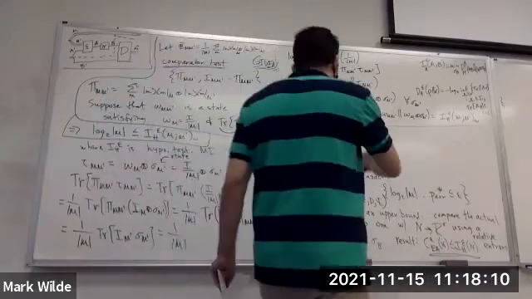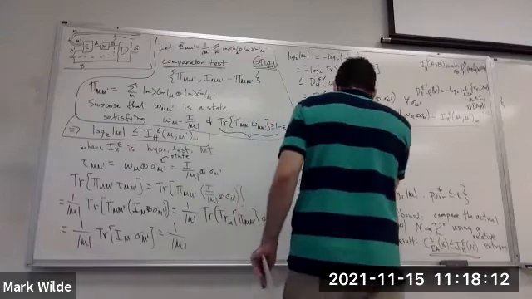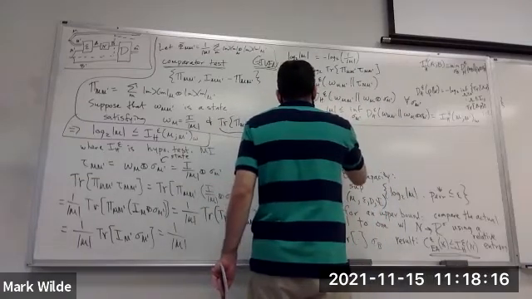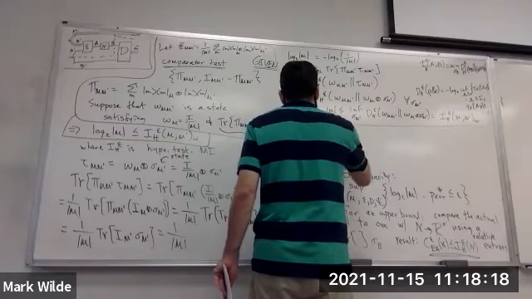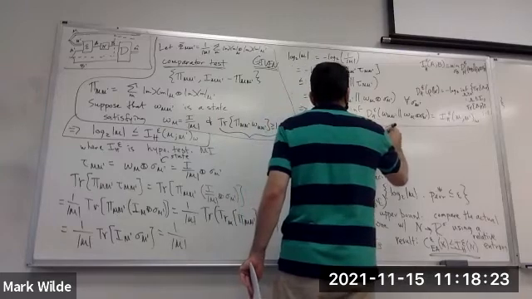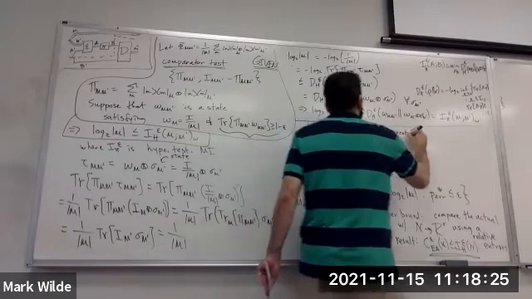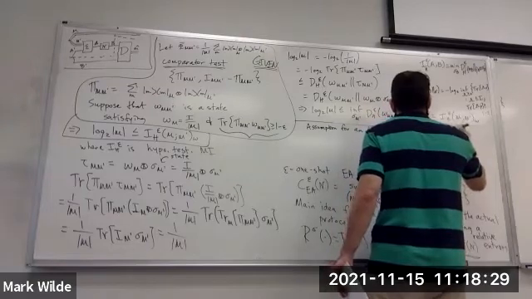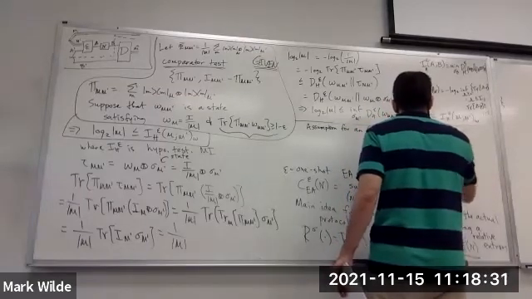Okay, so to apply this to the one-shot capacity, what is the assumption for an arbitrary (m, epsilon) protocol? It's that this maximal error probability is less than epsilon.